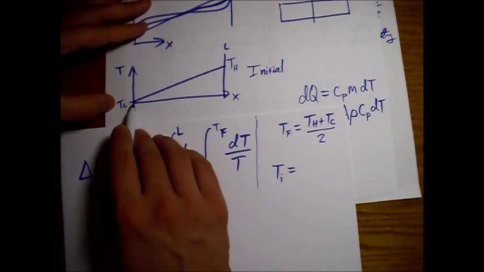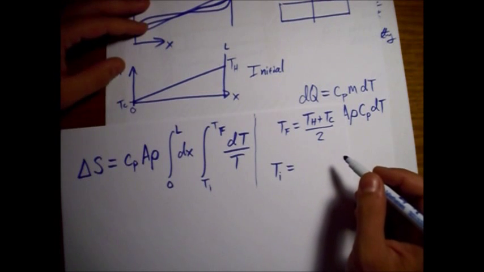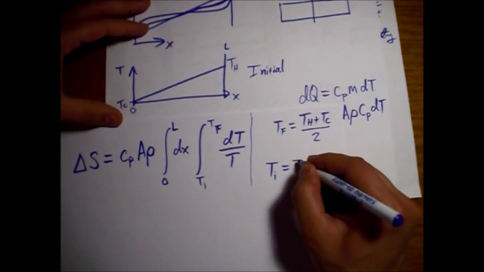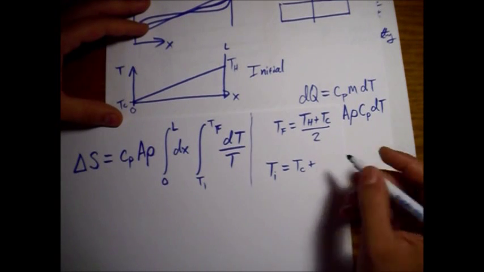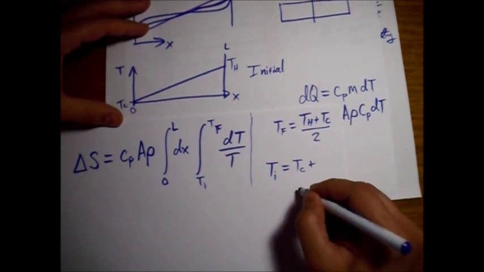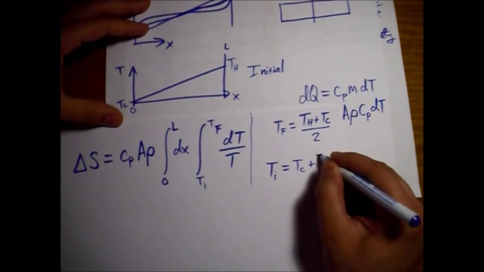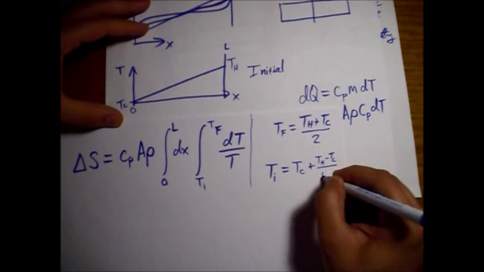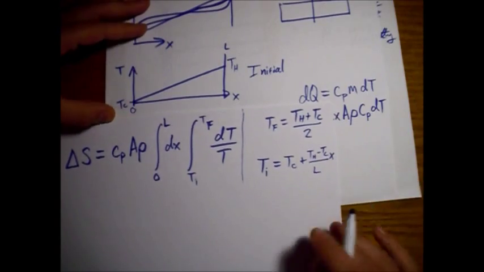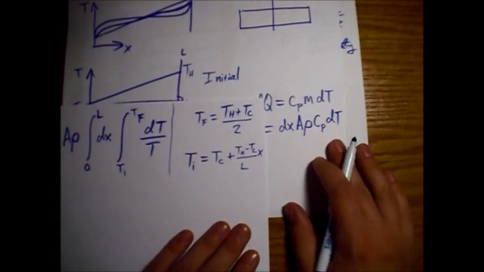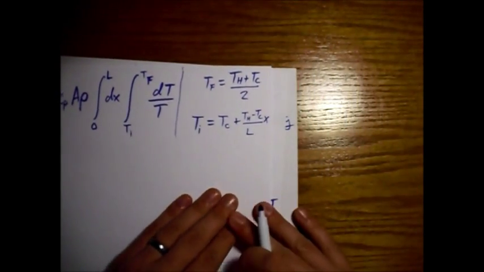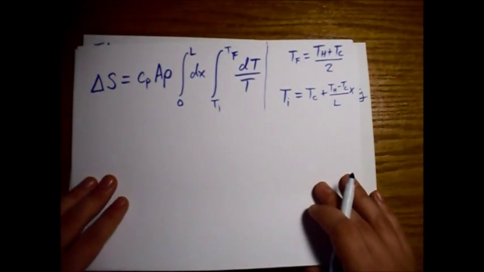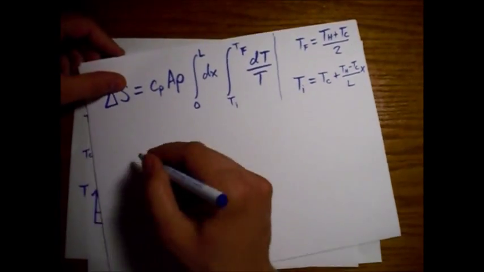We're not starting at 0, we're starting at TC on this temperature axis here. So TC plus TH minus TC divided by L multiplied by X. All right, that's written a little bit small. Hopefully it's readable. Okay. All right, so here we go.